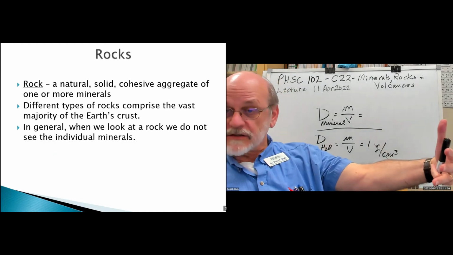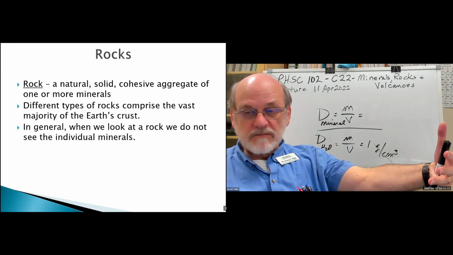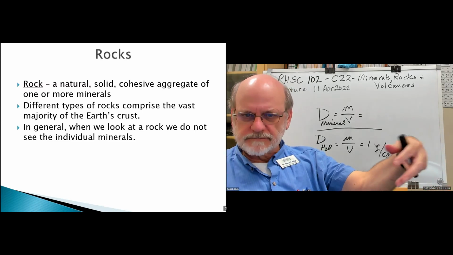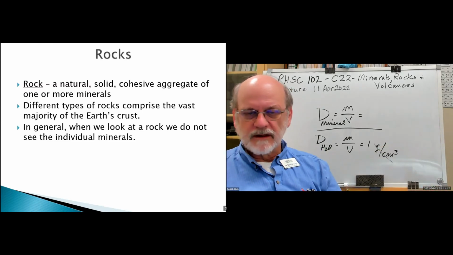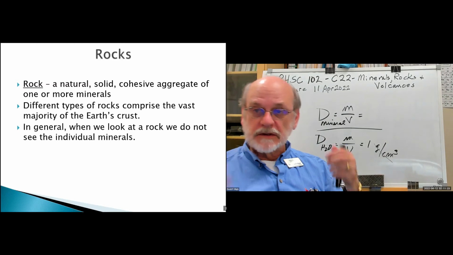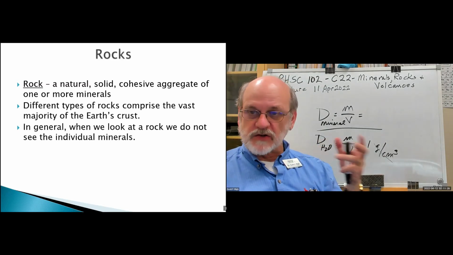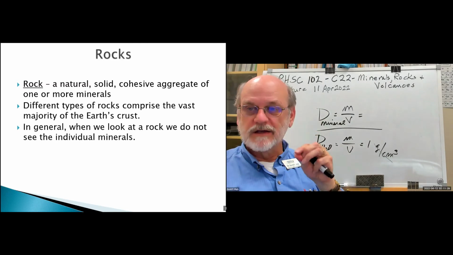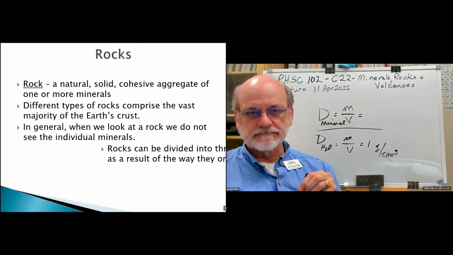Now, at a distance, you usually won't see those separate minerals. Sometimes you do, but not always. The individual minerals, you have to look closer with a magnifying glass, and sometimes you have to use a special instrument to sample individual parts of that rock for its mineral content.